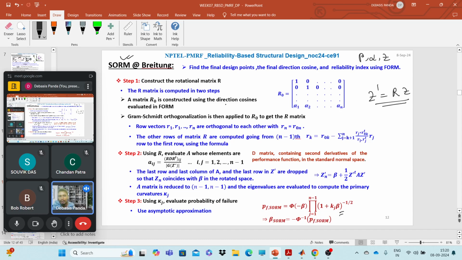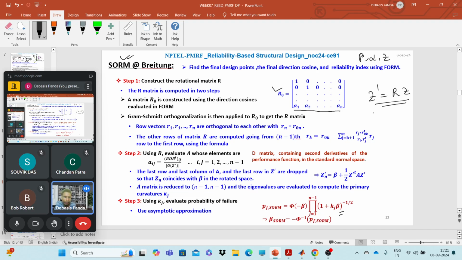We can get this matrix in two steps. In the first step, we need to construct the R naught matrix. Now, what are the properties of the R naught matrix? The last row of the R naught matrix will be the final alphas.